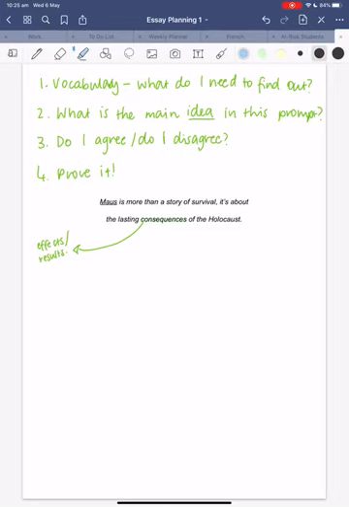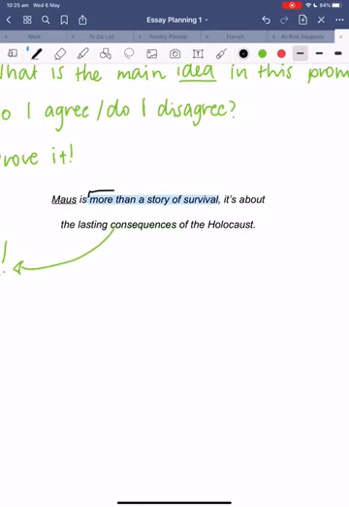Okay, so we've got a couple of ideas here. We've got more than a story of survival. All right, so what do we actually mean by that? Well, this is basically saying it is a story of survival because we've got the word more, okay?